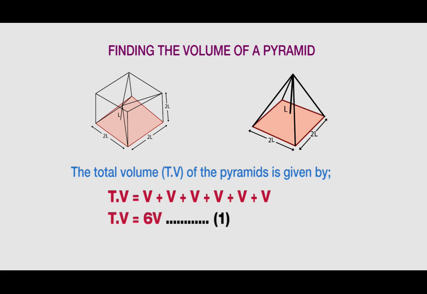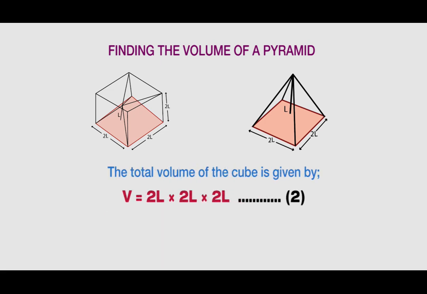The total volume of the cube on its own is given by V equals 2L times 2L times 2L. But we know the total volume of the cube is the same as the total volume of the pyramids. So equation 1 is equal to equation 2.